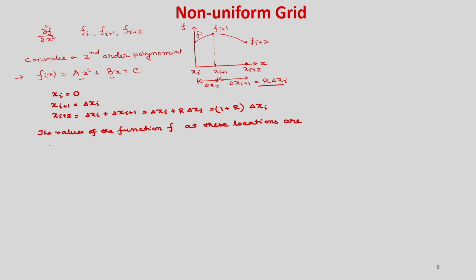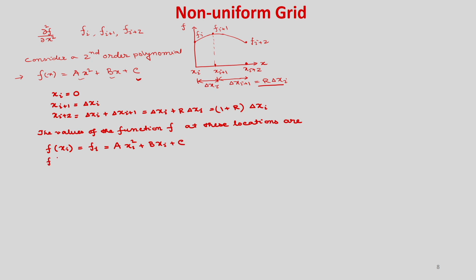So, you can write f at location x i will be f i, and from this polynomial, if you put it, you will get a x i square plus b x i plus c.